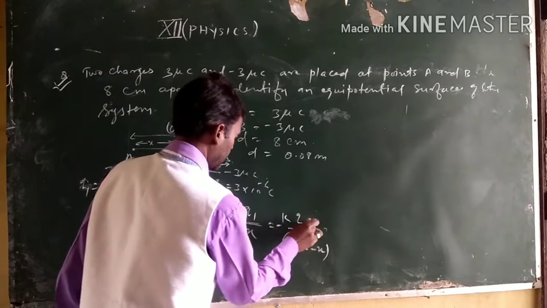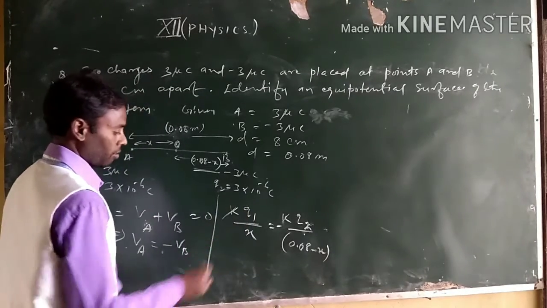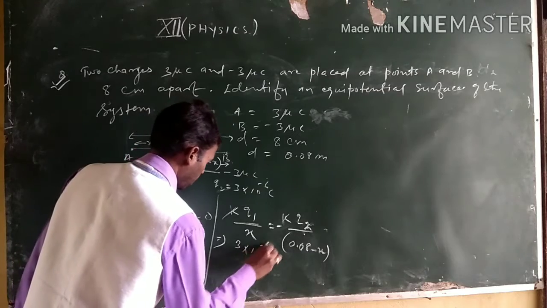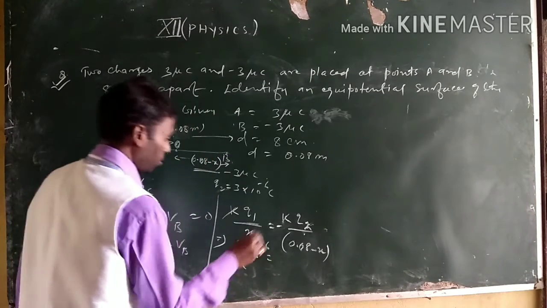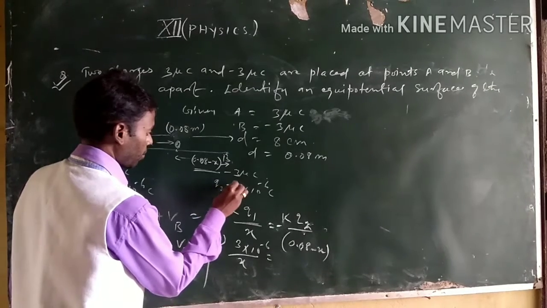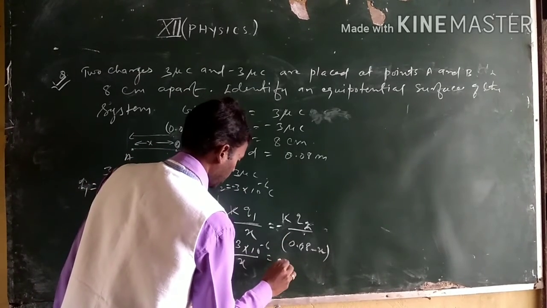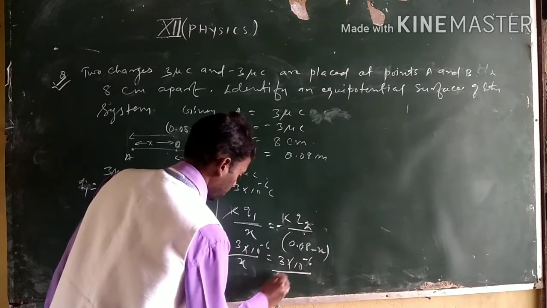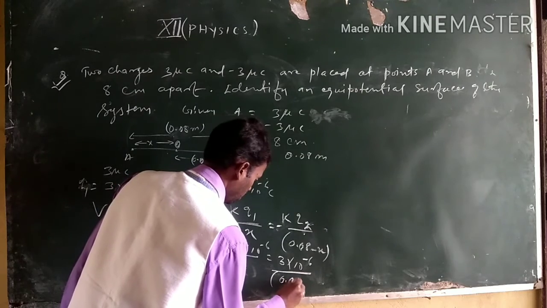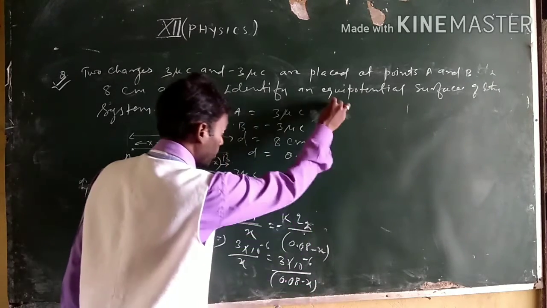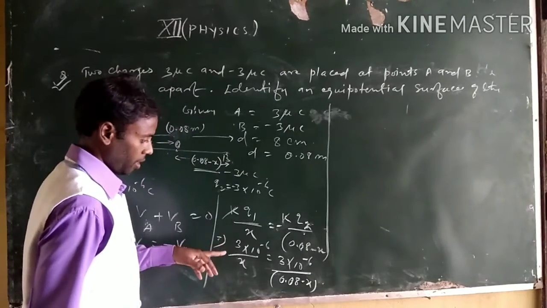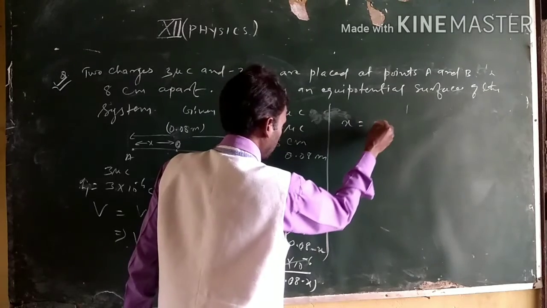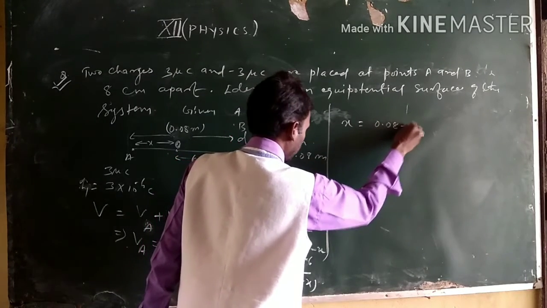Here K cancels out. 3 into 10 to the power minus 6 divided by x is equal to minus of minus 3 into 10 to the power minus 6 divided by 0.08 minus x. The minus signs cancel, and the charges cancel, so x is equal to 0.08 minus x.